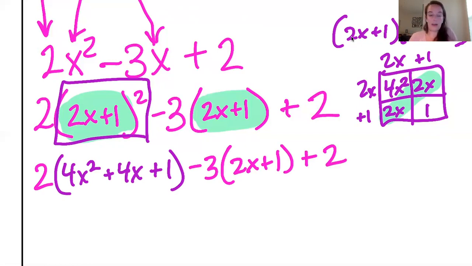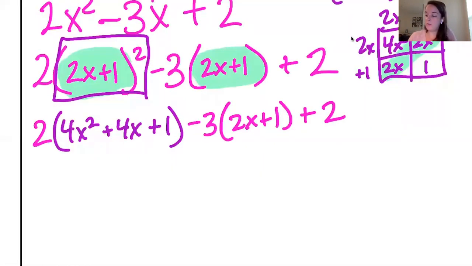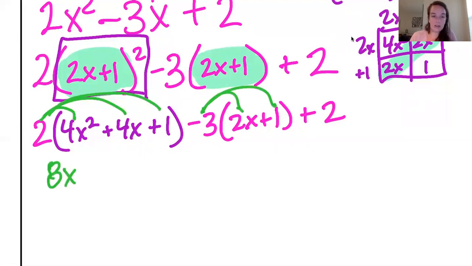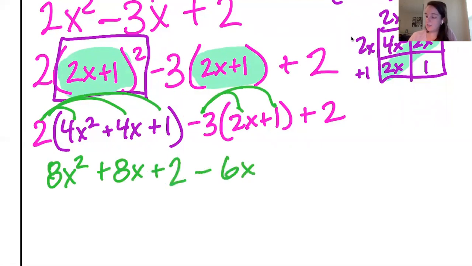And now I'm going to go ahead and distribute in the 2 into each of these, and then negative 3 into each of those. So 8x squared plus 8x plus 2 minus 6x minus 3 plus 2. All of this, I want to combine like terms.